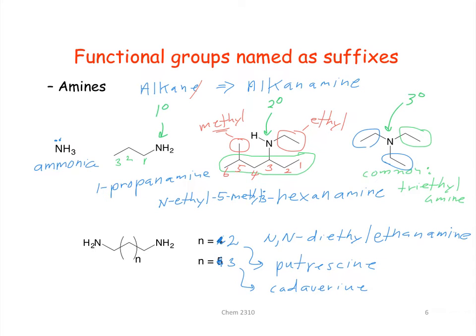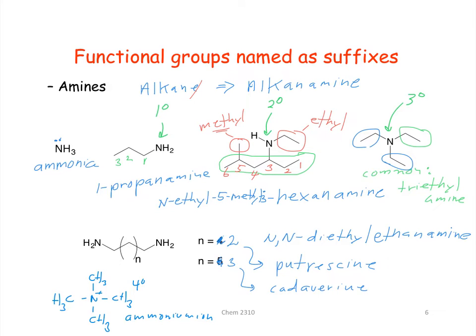And we also have a possibility of nitrogen having 4 groups attached. Something like this, which would put a plus charge on the nitrogen, and this, which is an ammonium ion, would be quaternary.